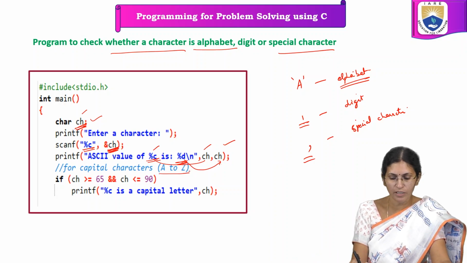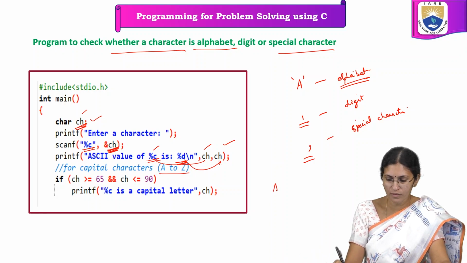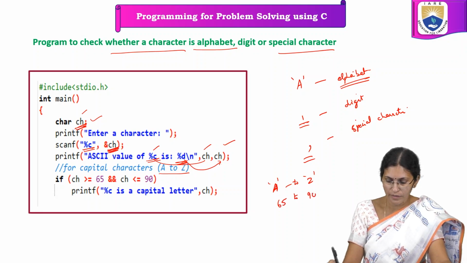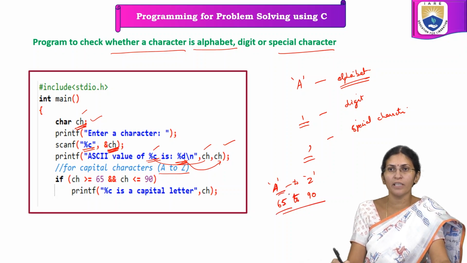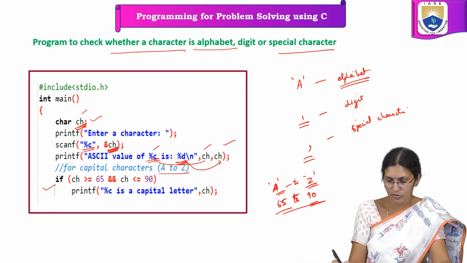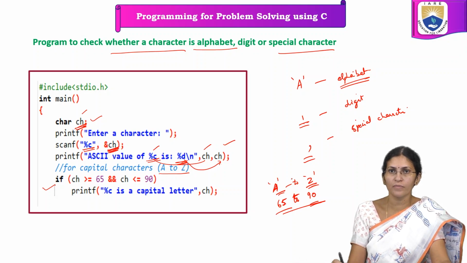For capital letters A to Z, the corresponding ASCII value is 65 to 90. So ASCII value of A is 65 and ASCII value of Z is 90. We can use this if condition to check whether the corresponding ASCII equivalent of the given character is from 65 to 90.